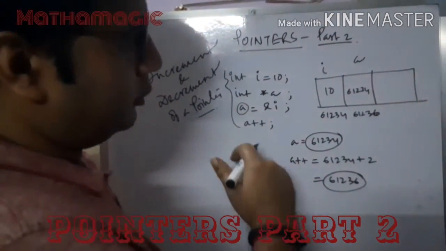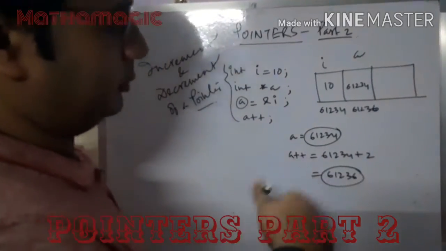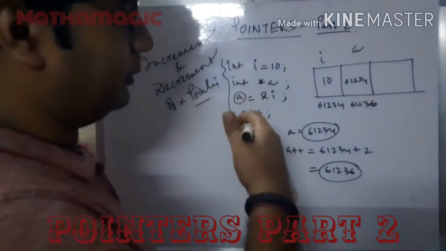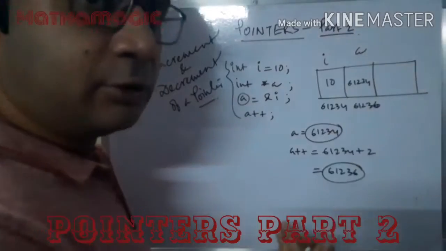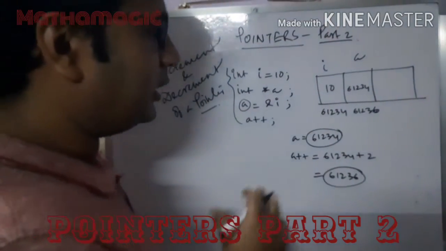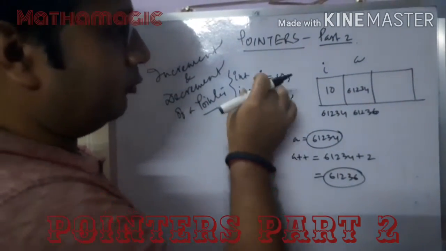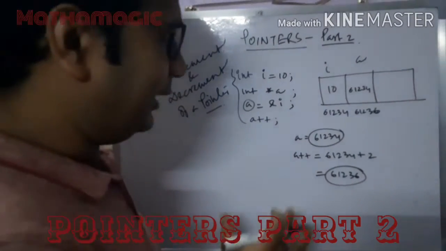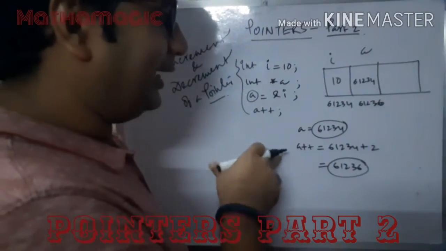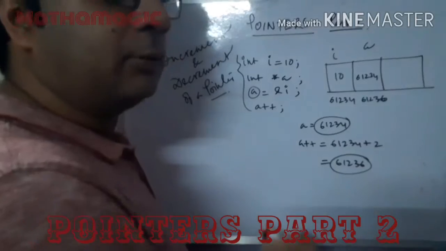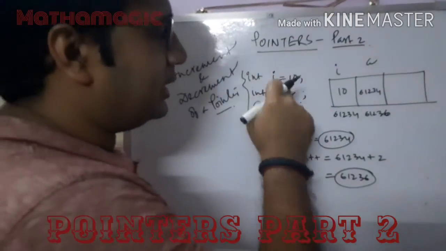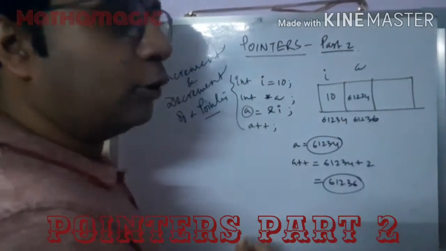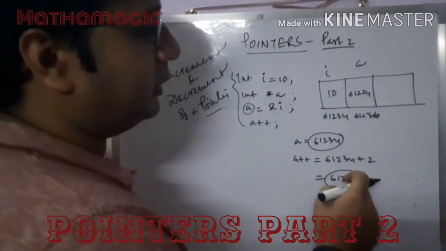Remember that. Whenever we introduce an increment or decrement on a pointer variable, the address will be incremented or decremented, and how much depends on what kind of pointer variable it is. Here we have taken an integer, and as we know an integer holds 2 bytes in memory, it will be incremented by 2.